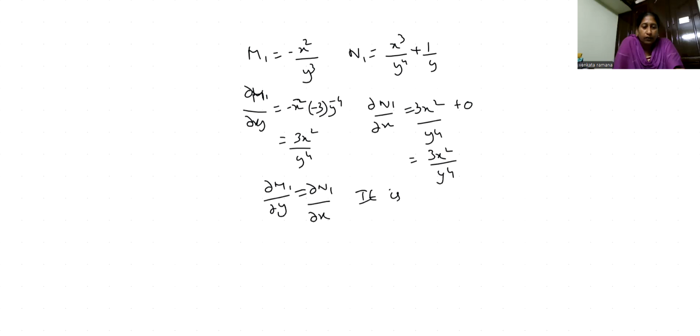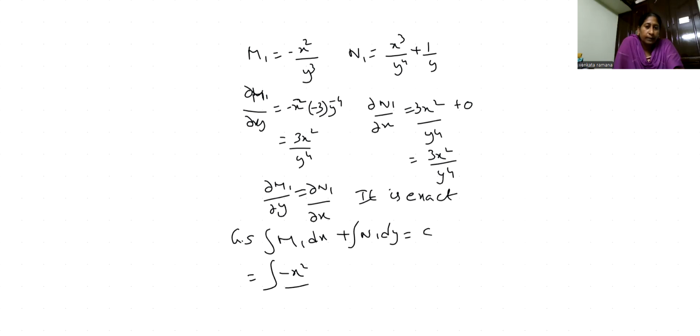Now you have to find the solution. The general solution is the integral of M1 dx plus the integral of only the y terms of N1 dy, equal to c. Here the only y term is 1 by y.